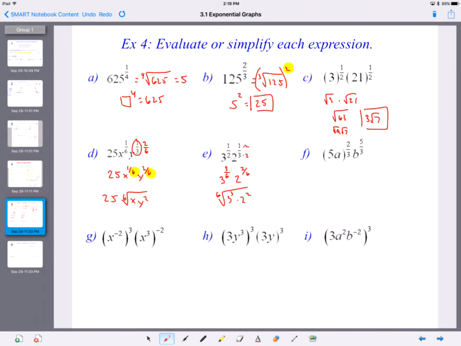Alright, so this will leave us with the 6th root of whatever that would be. I guess if you multiply, you get 27 times 4, and that would be 108. And so it's the 6th root of 108.